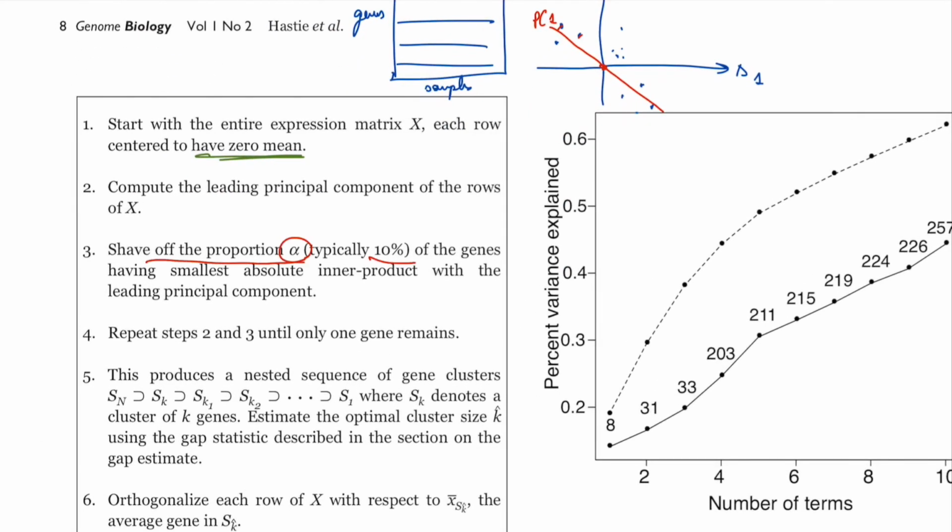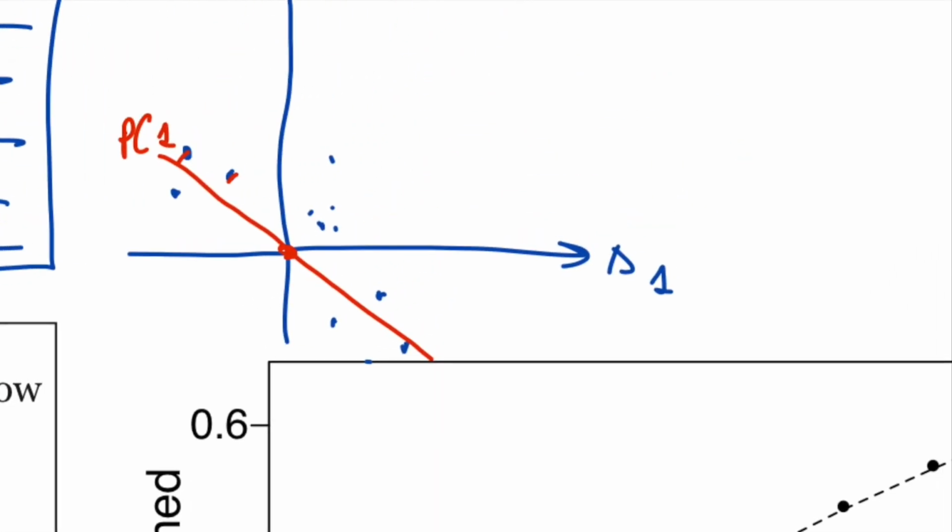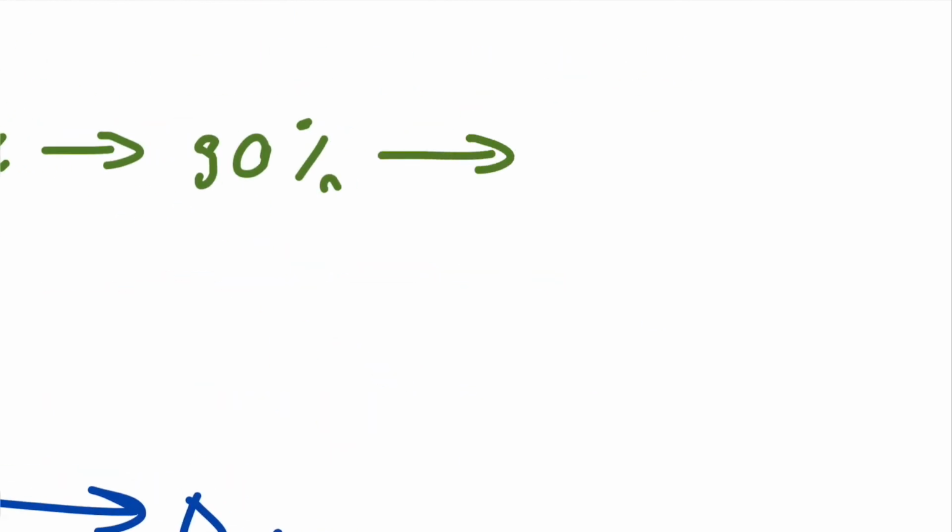Now we shave off a proportion, so 10% of the genes having the smallest absolute inner product with the principal component. That means we have our points and we want to remove some of them. We are going to do this iteratively. So we get from 100% of the points, we remove 10%, so we get to 90.